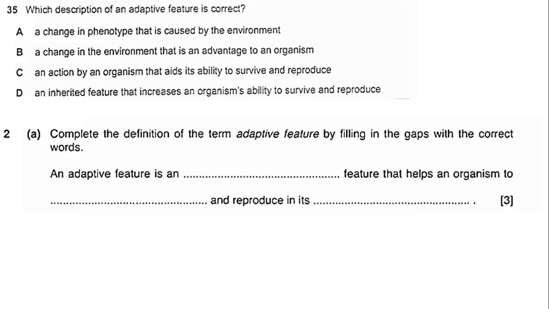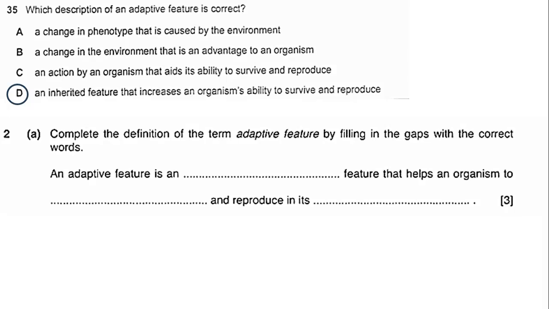Which description of adaptive feature is correct? It is an inherited feature that increases an organism's ability to survive and reproduce. Complete the definition of the term adaptive feature by filling in the gaps with the correct words.